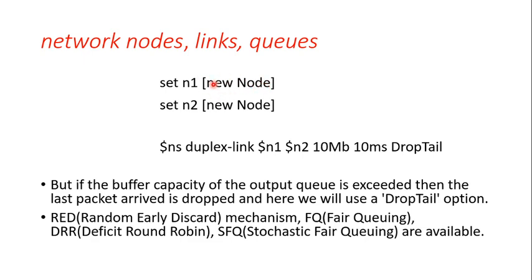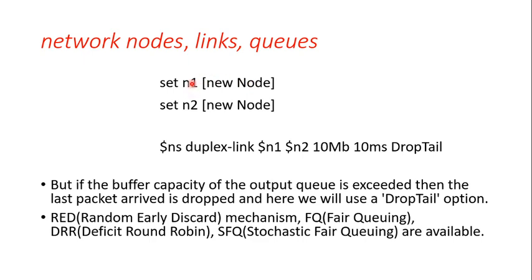New is the command, or you could say keyword, and set is again a command or keyword. So here what happens? You set n1 as a pointer variable to the node which is initialized by the new command. And what is the node? This node is the class which is available in NS2.